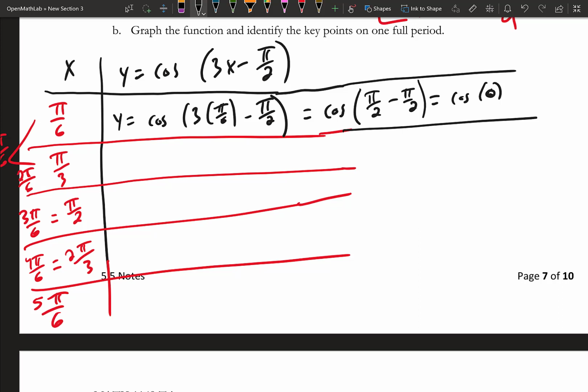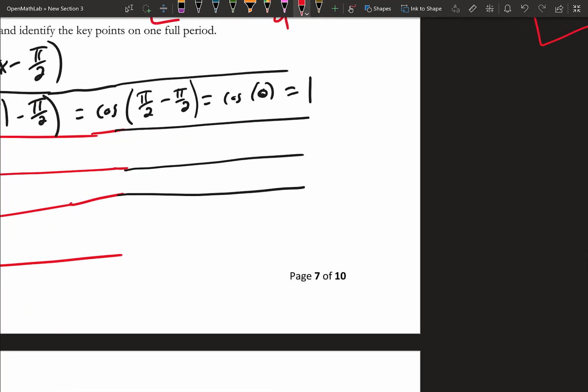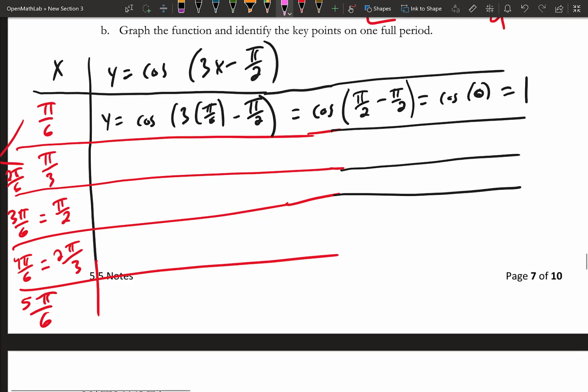Right, so cosine of 0 is equal to 1. If you forget that, here's my unit circle. So I'm looking at 0, which would be this point here. So that's the point 1, 0. And cosine is the x-coordinate, so we would be at 1.